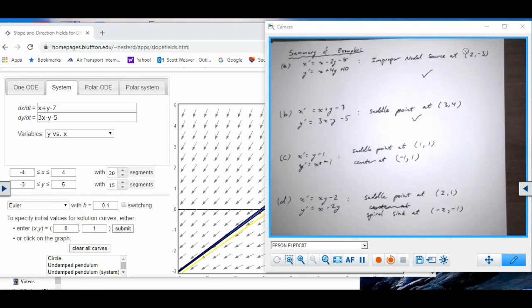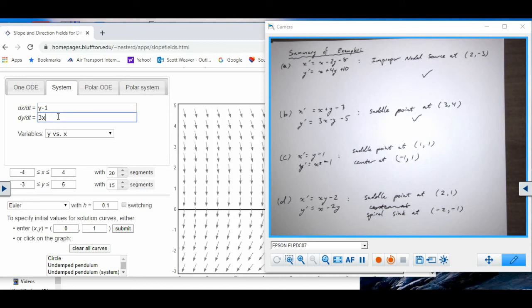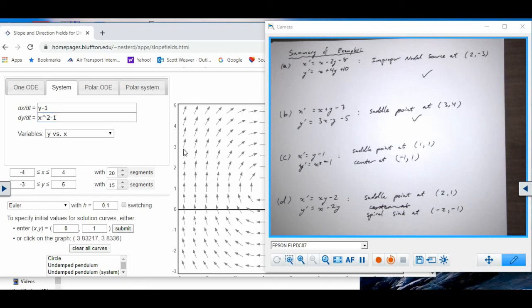Alright, now let's try example C, see how that one plays out. We have x prime equals y minus 1, and y prime equals x squared minus 1. And now we are expecting to see a saddle point at 1, 1 and a center at negative 1, 1.